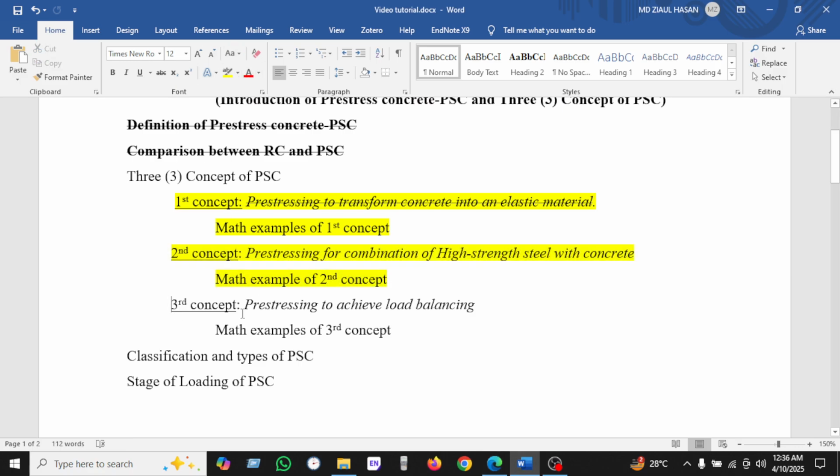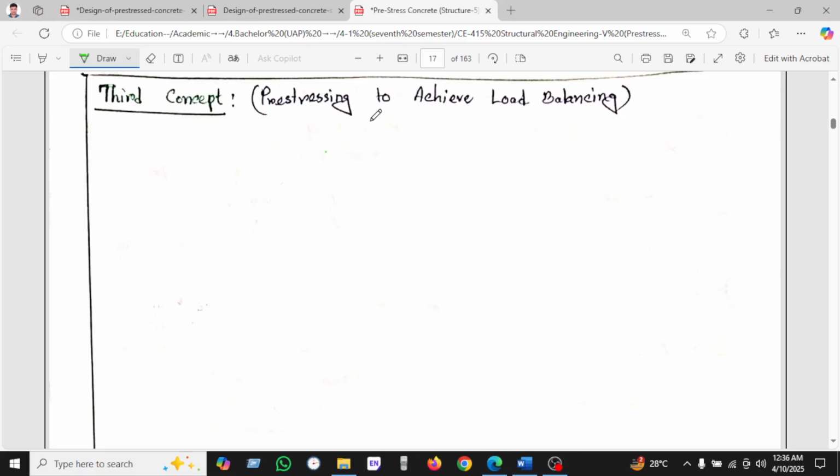Now we'll go to the third concept, which is prestressing to achieve load balancing, and the math example. Okay, this is the third concept.